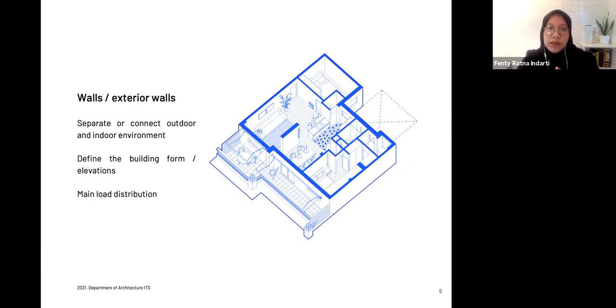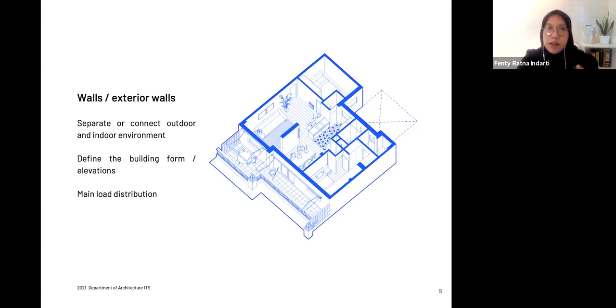So you understand that there is the so-called built environment, the building, and the natural environment. So again, walls don't always have to separate two things, but sometimes they connect when you have a specific type of materials.